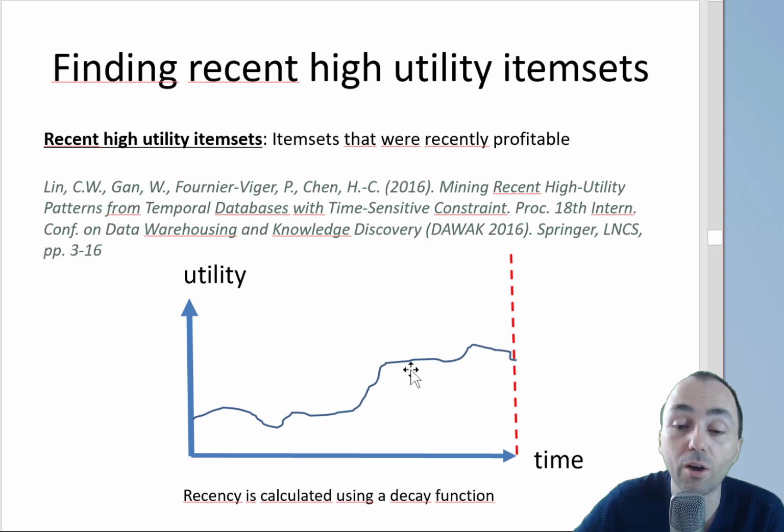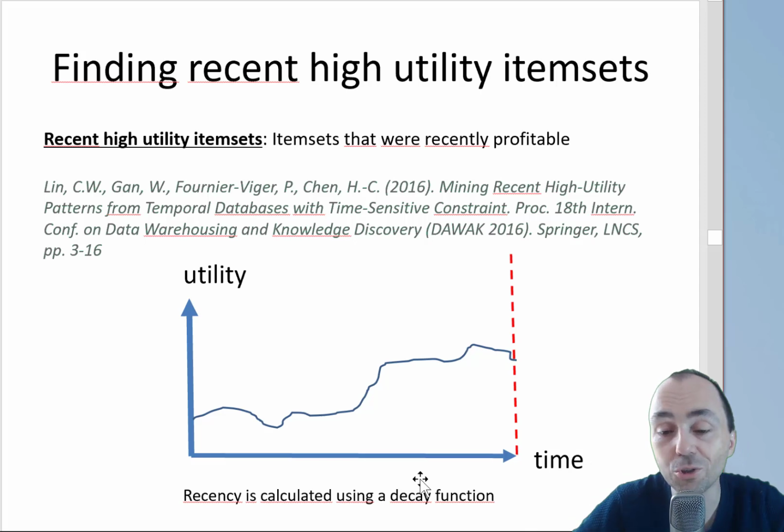Of course, this is not the real data. I just drew this to explain. We want to find the itemsets that, let's say in the last week or the last month, have made a lot of money. So we designed some algorithm for this, and we use a decay function to evaluate the importance of the time. So if something happened recently, it will have more importance and so on.